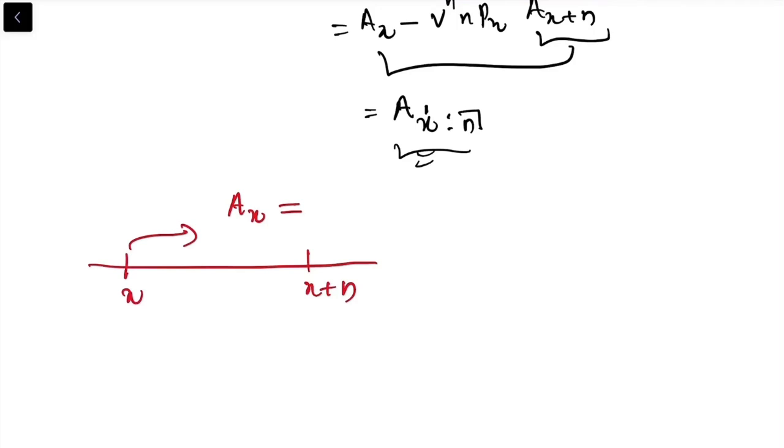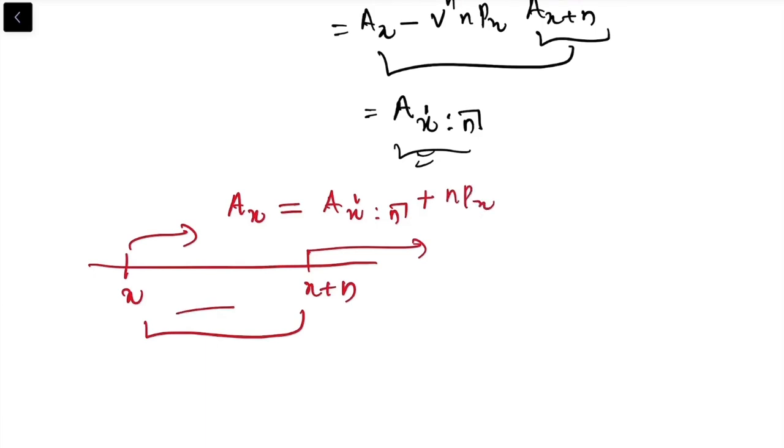So this will be equal to, you can break this. Let's say you have the term assurance for this n period, so you can write A^1_x:n, and then again you can buy the whole assurance from x plus n. So this is _np_x, you must have survived this duration, _np_x v^n, because we are calculating the present value, A_(x+n), right, from here.